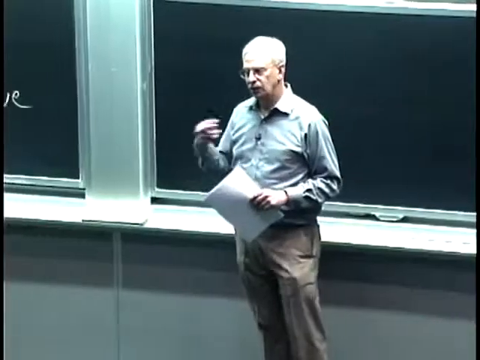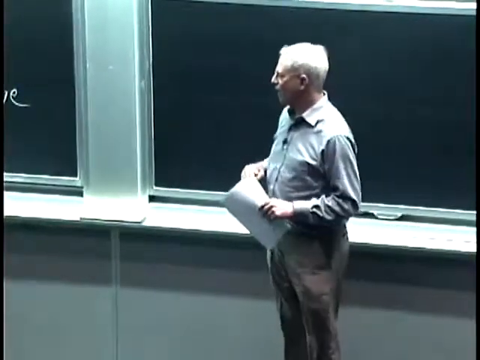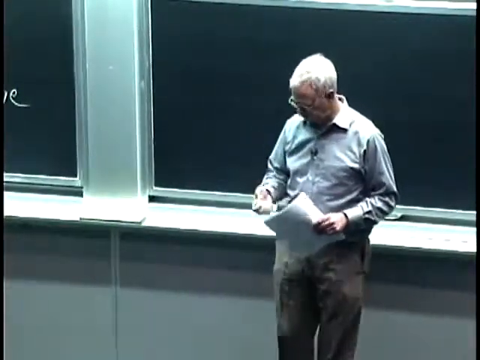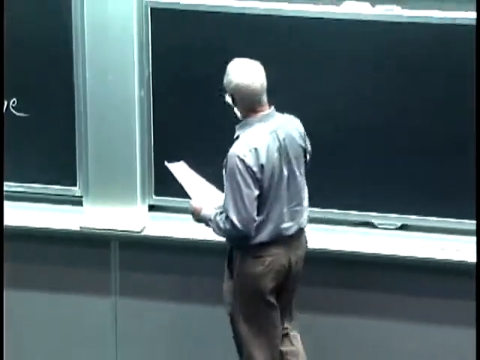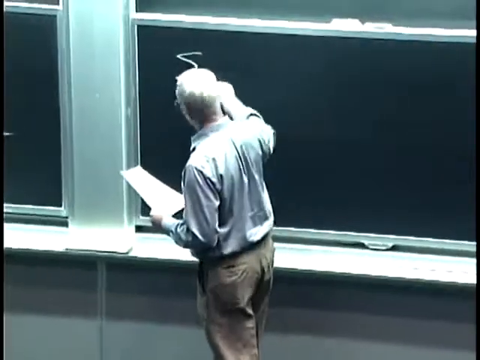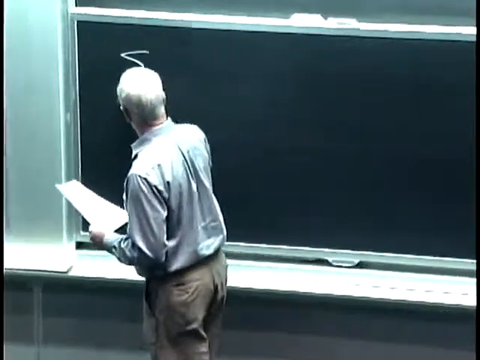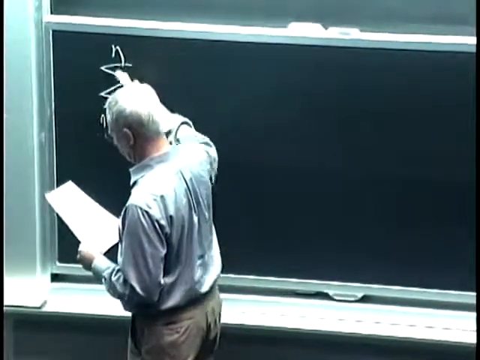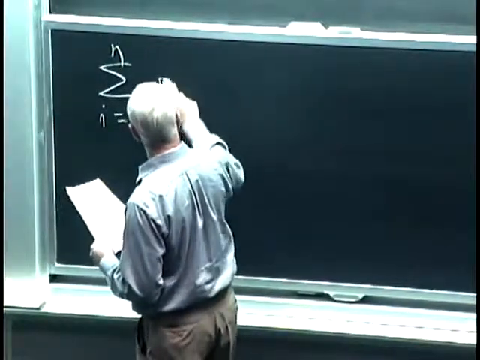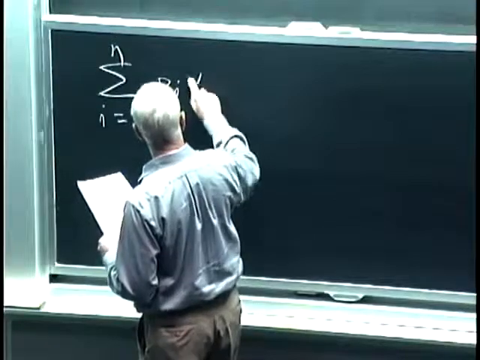Well, I want to go back and attack it exactly the way we attacked it the first time, which was to write some mathematical formulas. So you will remember that when we looked at it, we said the problem was to maximize the sum from i equals 1 to n of p sub i, x sub i.